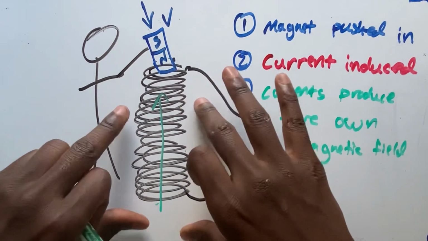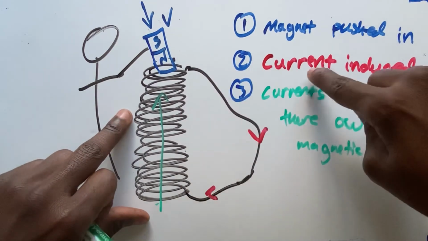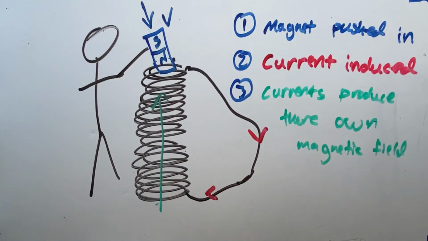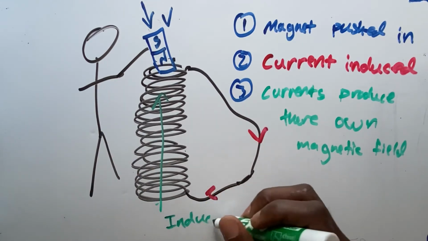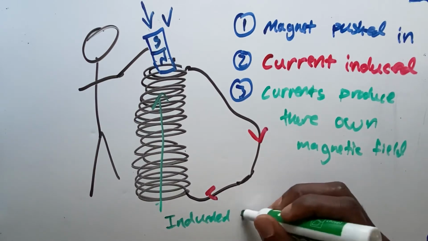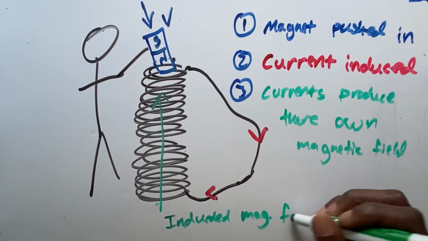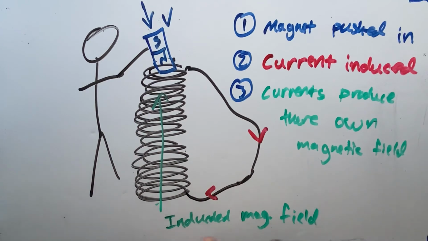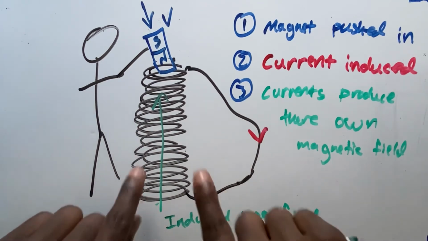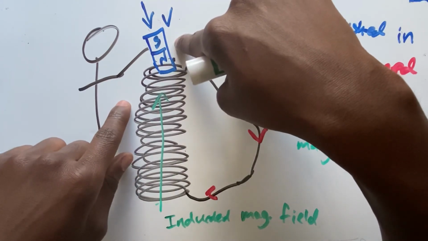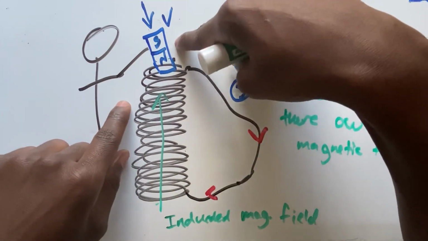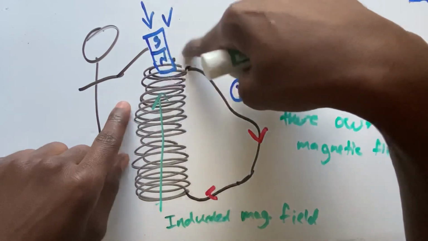And so now this induced magnetic field is basically pushing upwards against this other magnet, hence making it hard for you to push this magnet downwards.